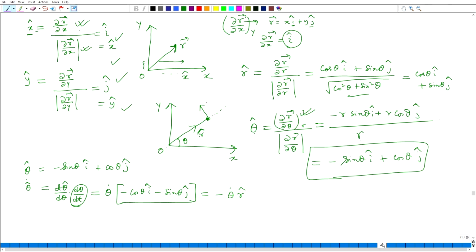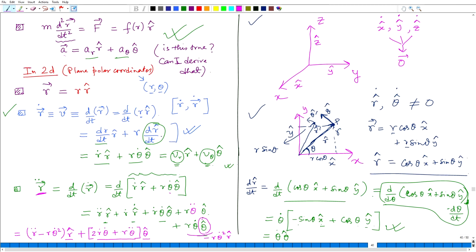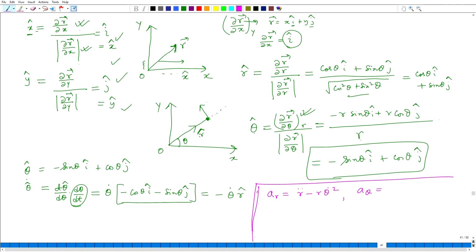So, if I take this term separately, I can now write a_r is equal to r double dot minus r theta dot square, and a_theta is equal to 2 r dot theta dot plus r theta double dot. Okay. What can I do from this?